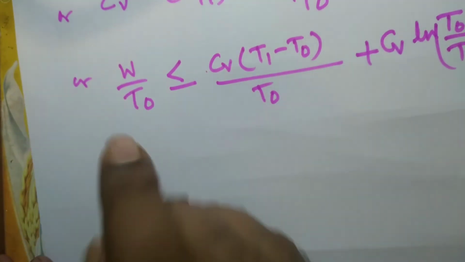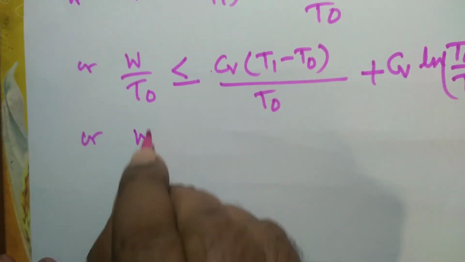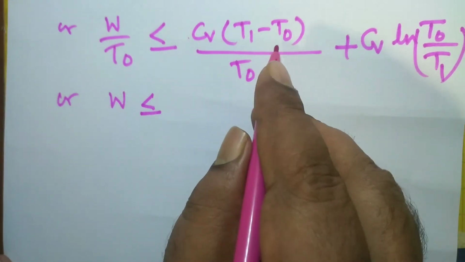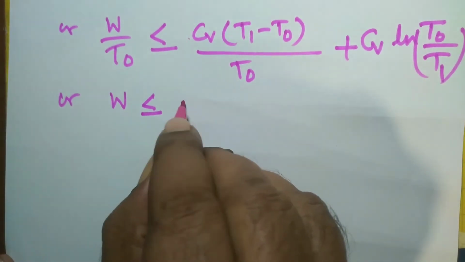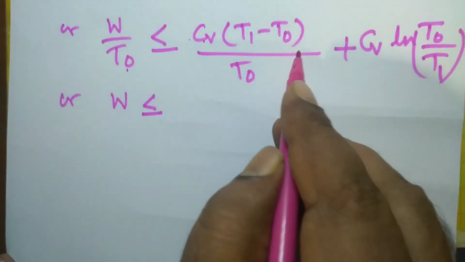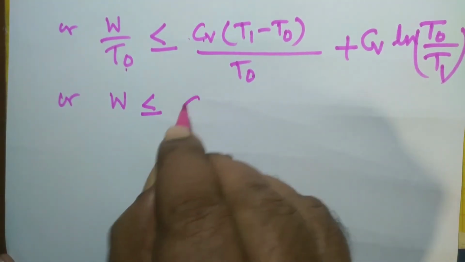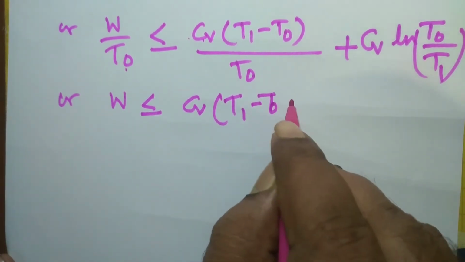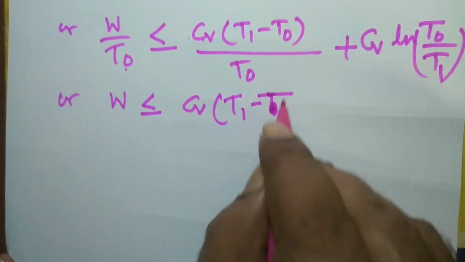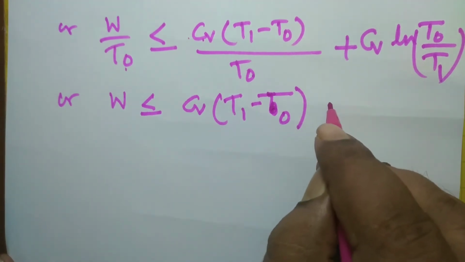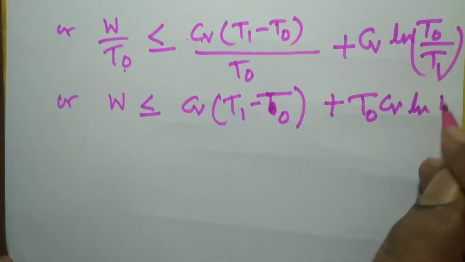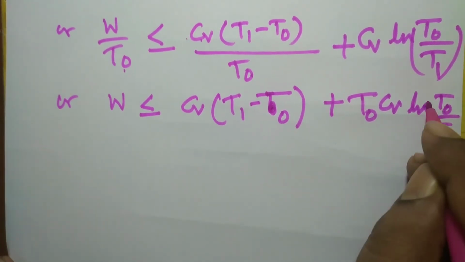So I can say W is less than or equal to, T0 will be multiplied with both these terms. So T0 on being multiplied by this first term, T0 cancels out, and this becomes Cv (T1 minus T0) plus T0 Cv ln T0 by T1.